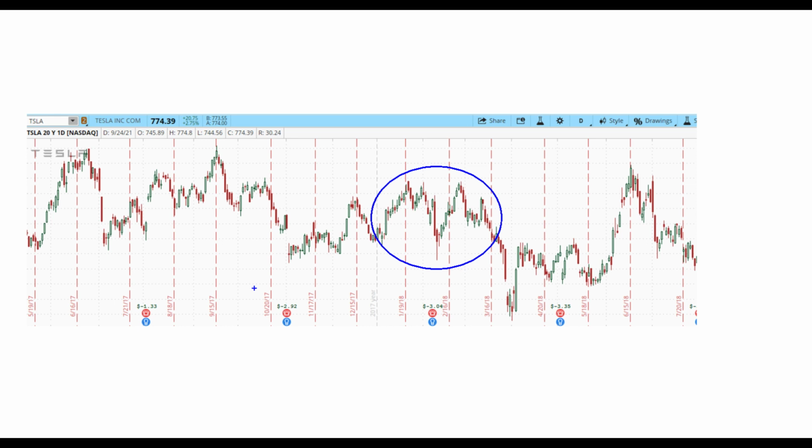That's what I'm here to help you with in this video. So anyway, this is the double top of Tesla, and as you can see, it came up, made a high point, went down, came up, could not break over this high point, and then it fell off.